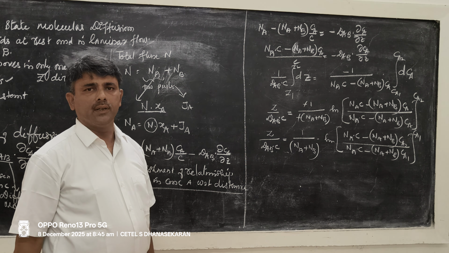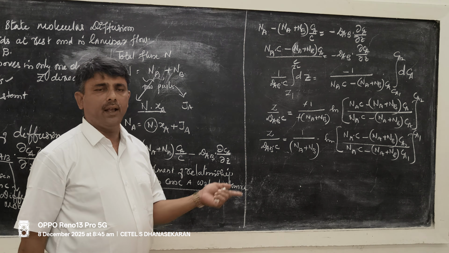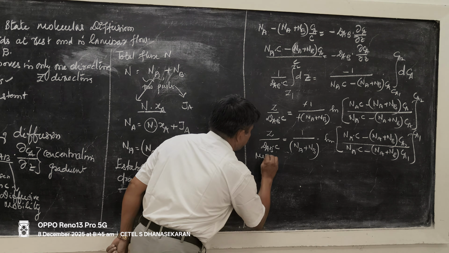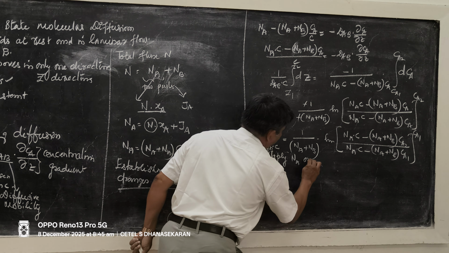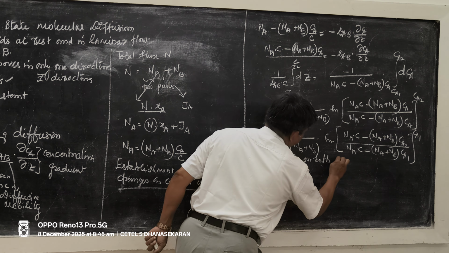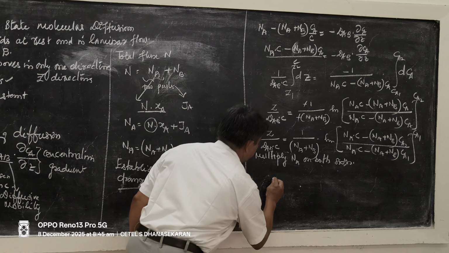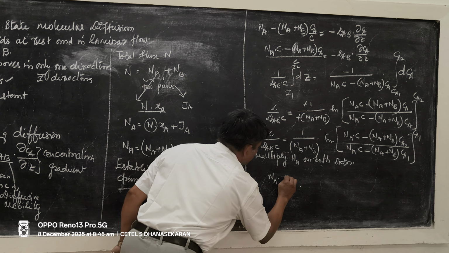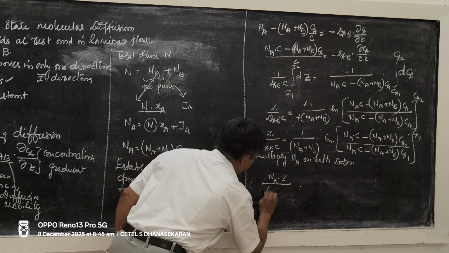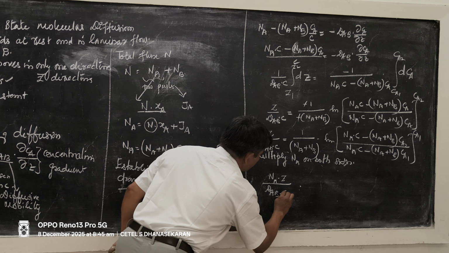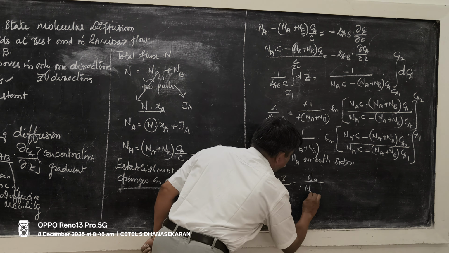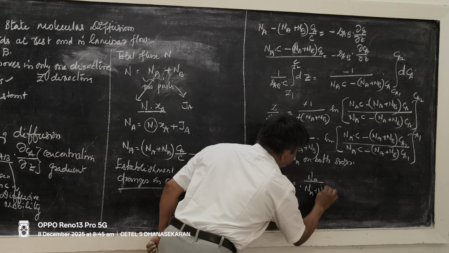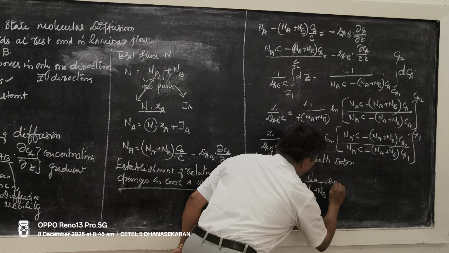Still simplification, multiply by Na on both sides. That means Na into Z divided by DAB into C is equal to Na divided by (Na plus Nb) into ln.